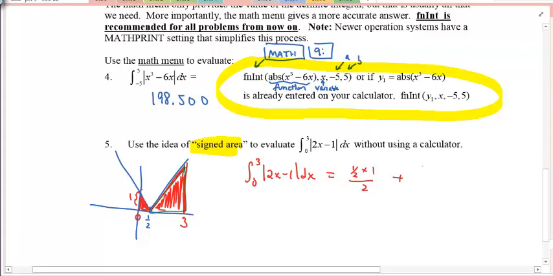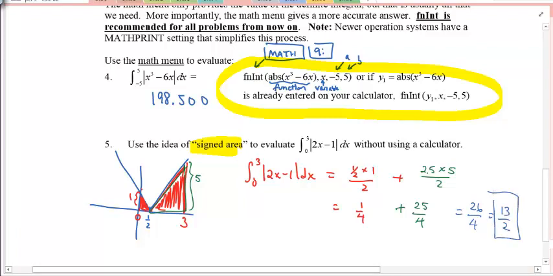The distance there is 2.5, so 2.5 times, now the height here, 2 times 3 is 6, minus 1 is 5, and also divide that by 2. So ultimately we have here 1/4, and 25 over 4. So the solution here is just 26 over 4, or 13 over 2. And that's how you can do it geometrically without a calculator.